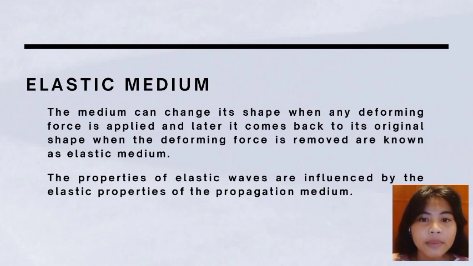If the medium can change its shape when a deforming force is applied, and later come back to its original shape when the deforming force is removed, it is known as an elastic medium. An example is when we throw a pebble or a stone into a pond. What will happen there?